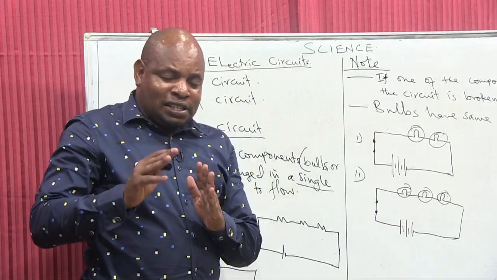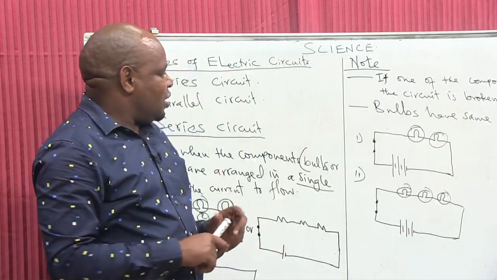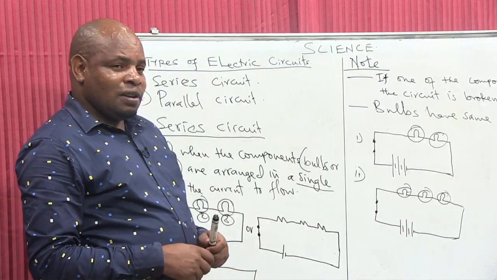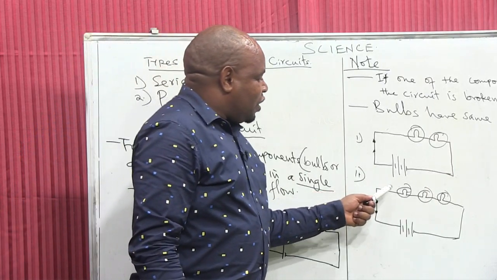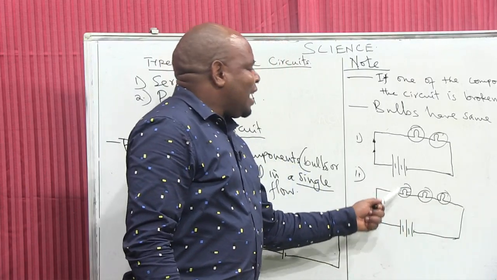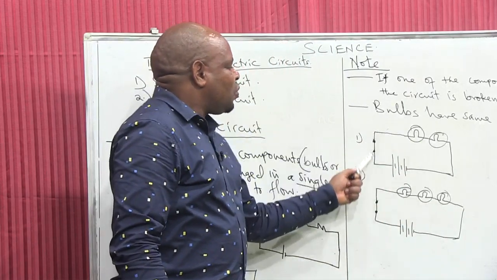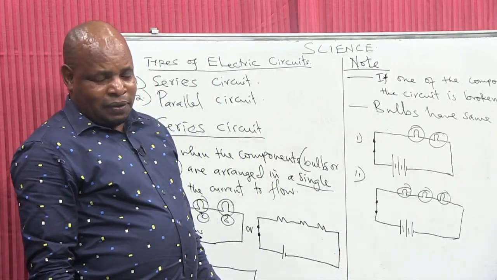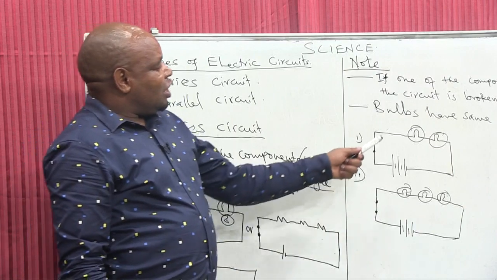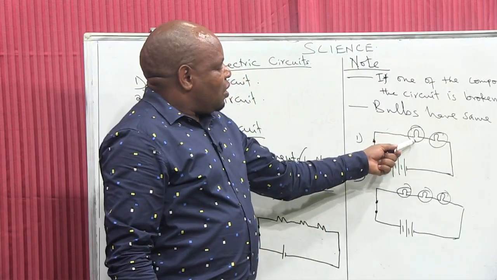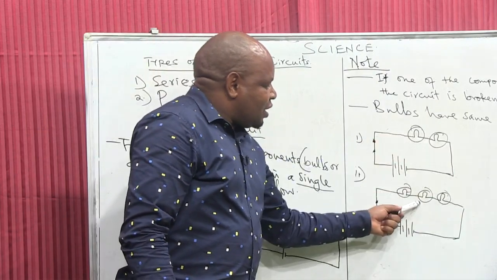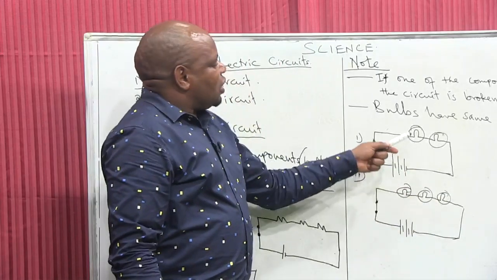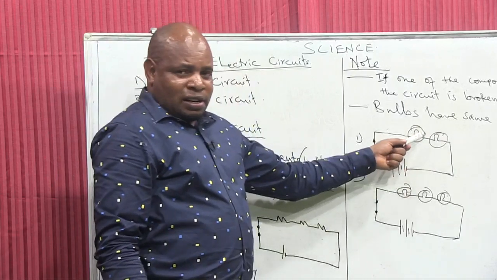But the brightness will be different. Why? Because of the resistance. The resistance of the flow of current here is high compared to the resistance in the first diagram. The 3 bulbs offer more resistance than the 2 bulbs.